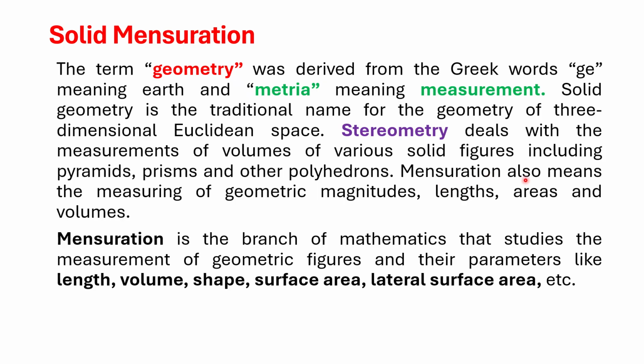Mensuration also means the measuring of geometric magnitudes: lengths, areas, and volumes. Mensuration is the branch of mathematics that studies the measurement of geometric figures under parameters like length, volume, shape, surface area, lateral surface area, and many more.